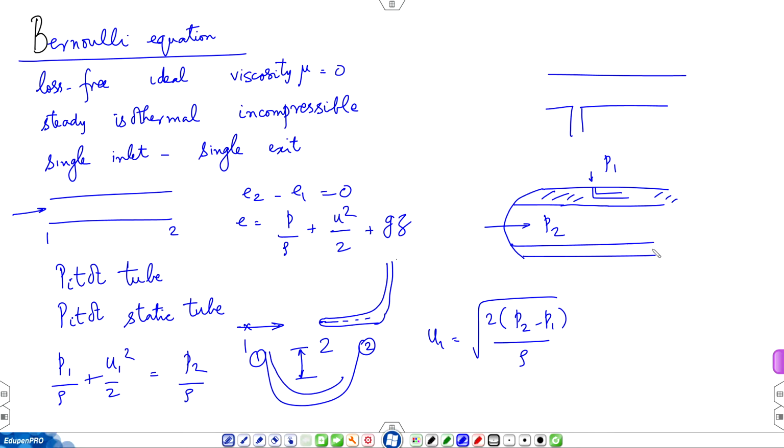So, the same sensor can be used to measure P1, P2, but it will be a bulkier device. But if you have knowledge of P1 somehow, then it is enough to measure P2. So, then the probe can become smaller. But the point is, you can use Bernoulli equation and connect velocity to change in pressure. Okay. So, such applications are very few. Much of the time you have to use the full form of the energy equation.